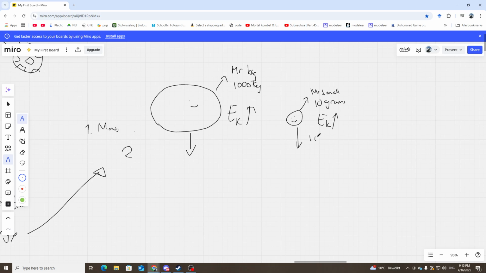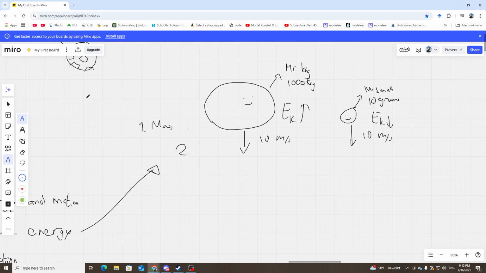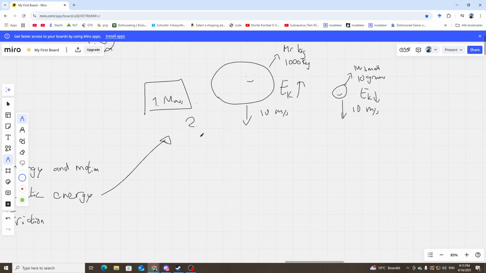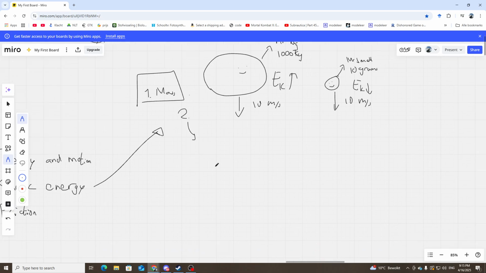Let's say Mr. Big and Mr. Small are both moving at 10 meters per second. Which one would you rather have thrown against your head? Probably Mr. Small, because he has less weight, and so his kinetic energy is lower. So the first factor that affects kinetic energy is mass.